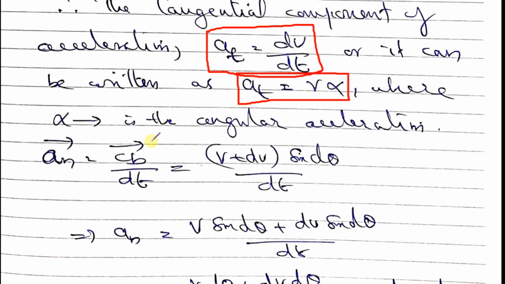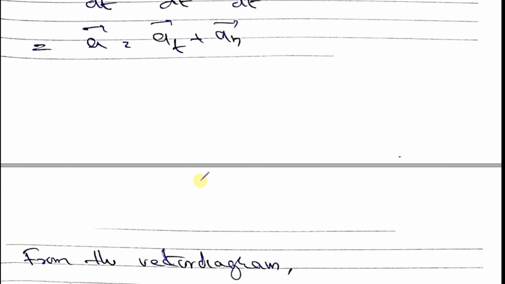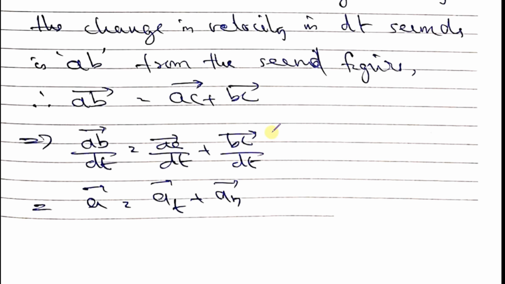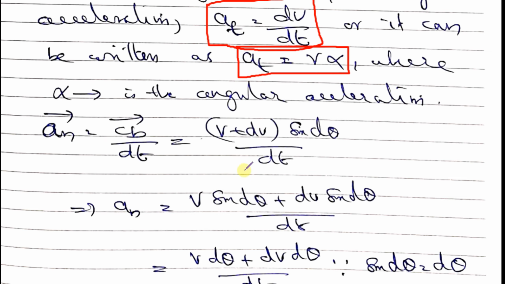Let us see how we can derive the expression for the normal component or normal acceleration, denoted by AN. It is equal to CB by dt, or BC by dt.